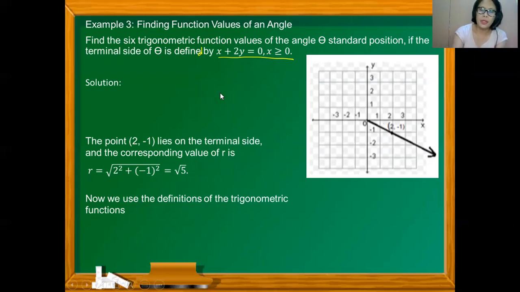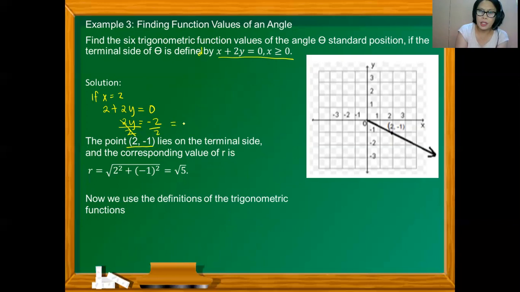Okay? Now, if we select x equals 2, as illustrated here, we will substitute x equals 2 into the equation of the terminal side. So we have 2 plus 2y equals 0. Now, transposing the constant term to the other side, we have 2y equals -2. And dividing both sides by 2, we can solve for y.